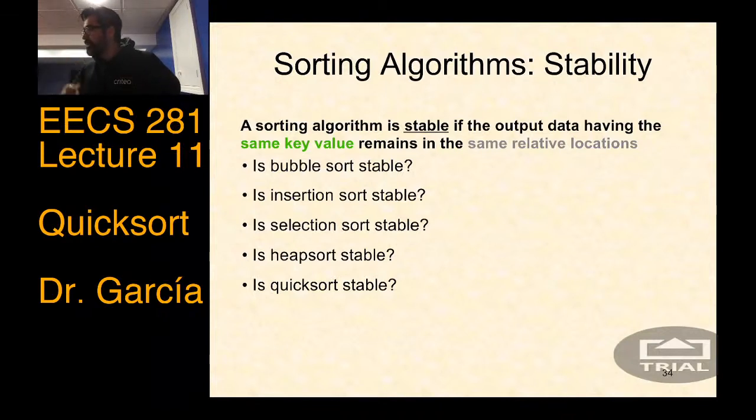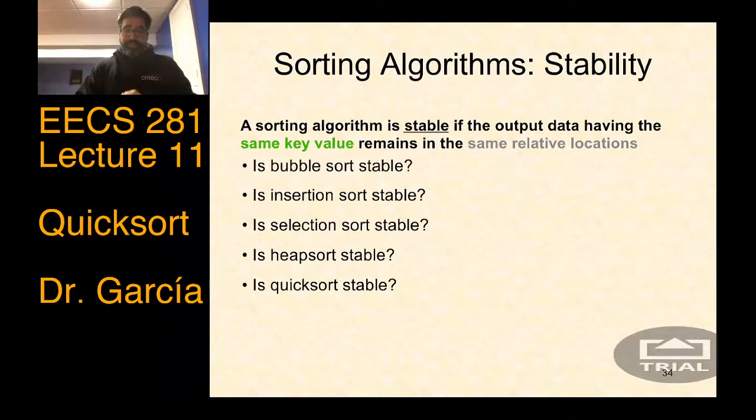So heap sort and quicksort are both in place. Yes, they're both in place, but quicksort has a caveat with the fact that it's a recursive algorithm, and therefore it does incur extra space in terms of stack frames, right? All right, so we have bubble sort as being stable.